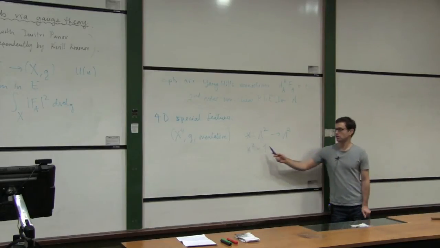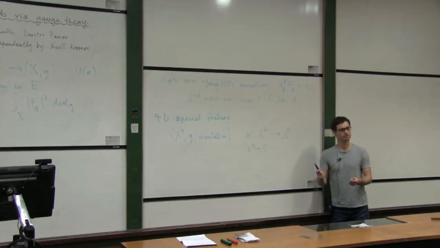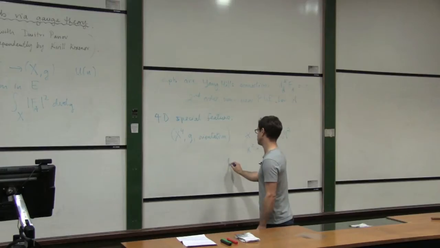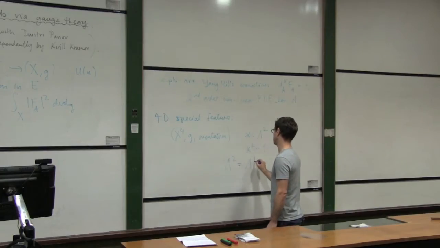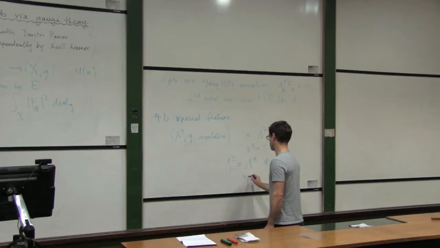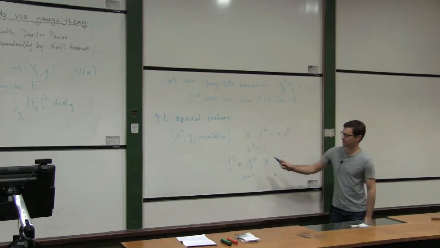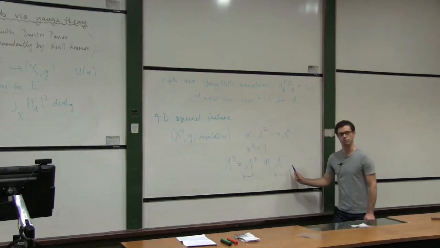So the Hodge star has eigenvalues that are either plus or minus 1, and so you can split the 2-forms up into 2 pieces, self-dual and anti-self-dual. So this rank 6 bundle splits as 2 rank 3 bundles.